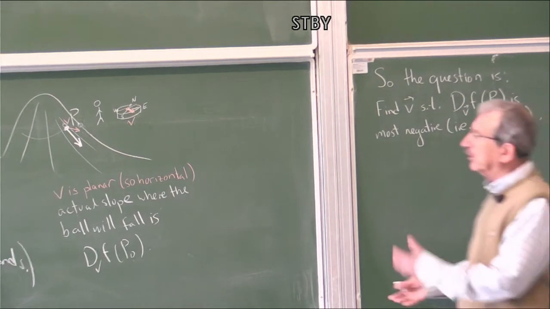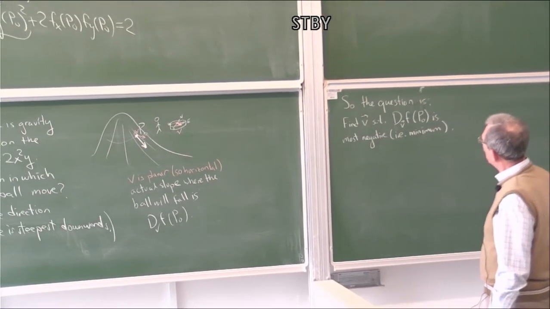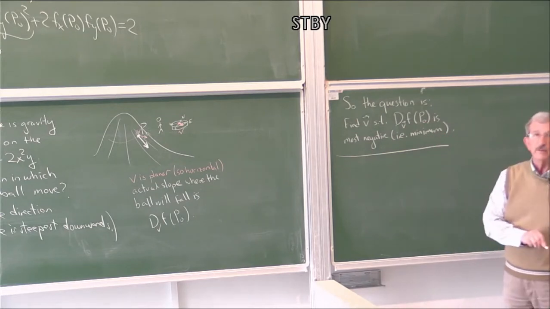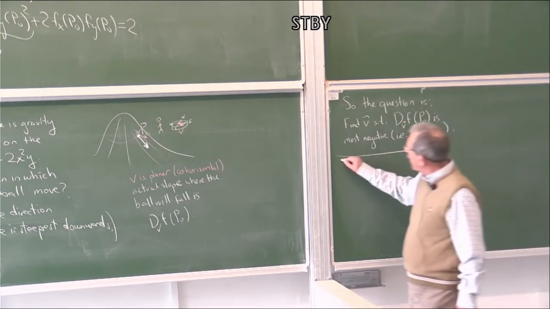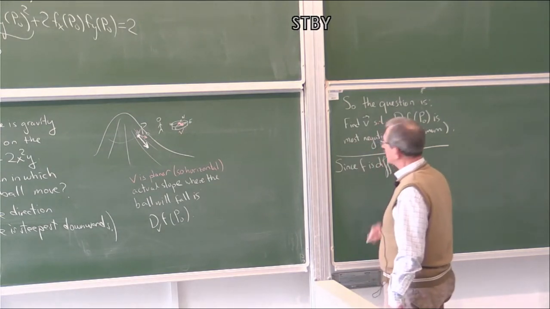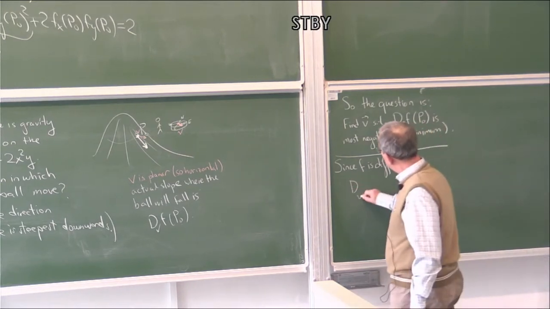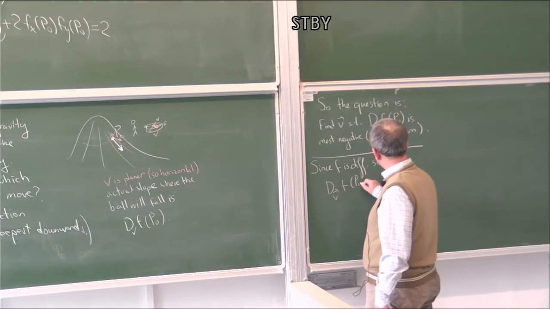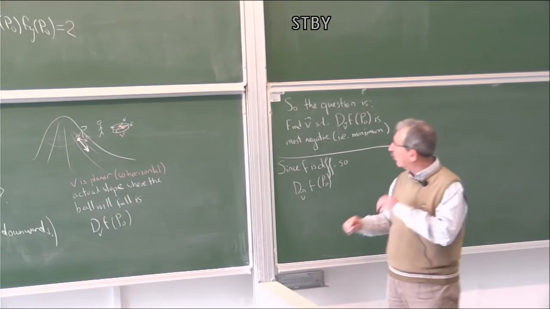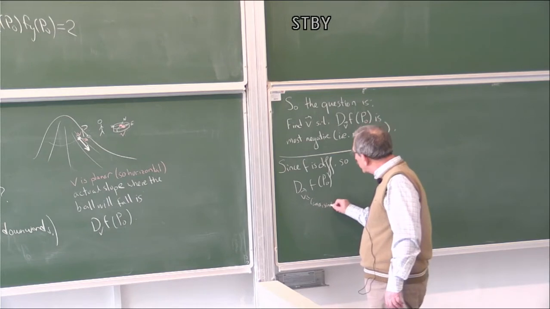So where is it minimum? Well, we can calculate this, of course. Now, we immediately see that in calculating this directional derivative, f is differentiable. It's a polynomial. So d_V f at P0, I will not bother with vectors with a non-unit norm. So I will simply say V is (cosine alpha, sine alpha). So it's a unit vector.